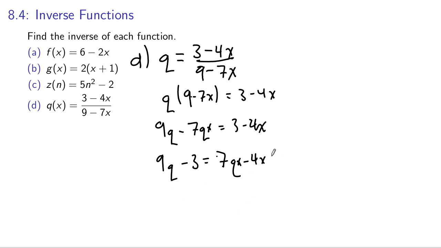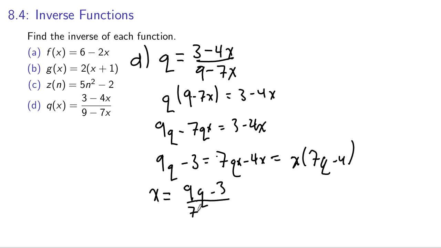Factoring out the x, on the right hand side we get x times 7Q minus 4. Dividing by 7Q minus 4, we have a solution in terms of the input x: 9Q minus 3 over 7Q minus 4.